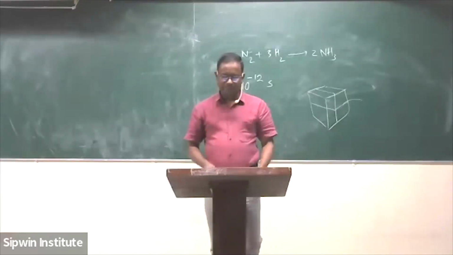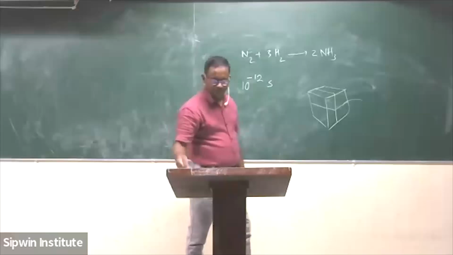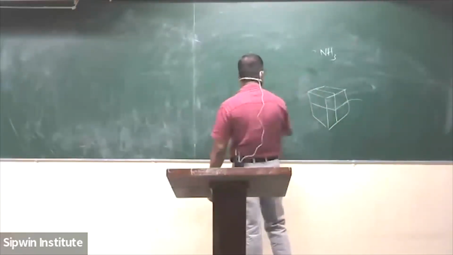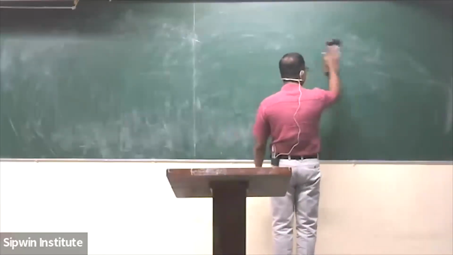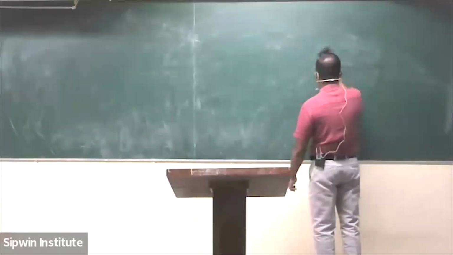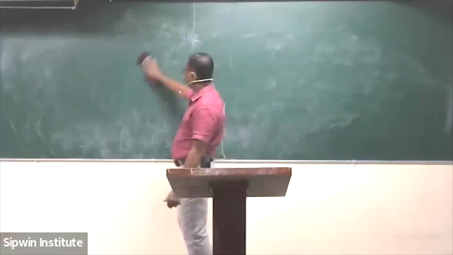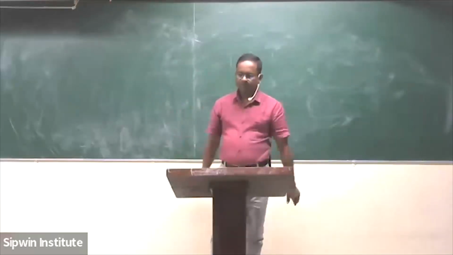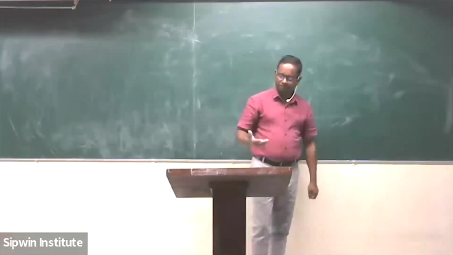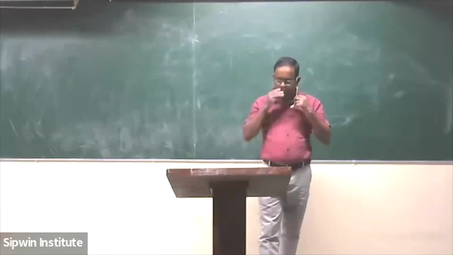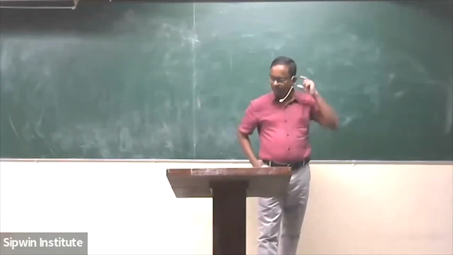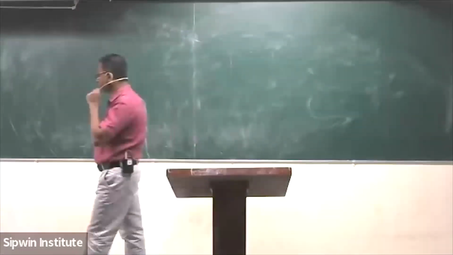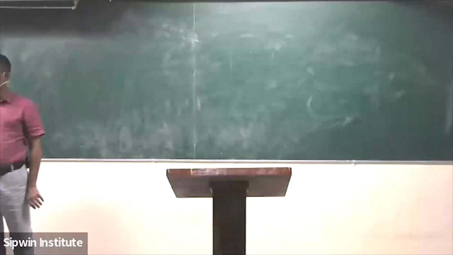Factors affecting the rate of a chemical reaction. A balanced chemical equation gives the quantitative relationship in between the reactants and the products.